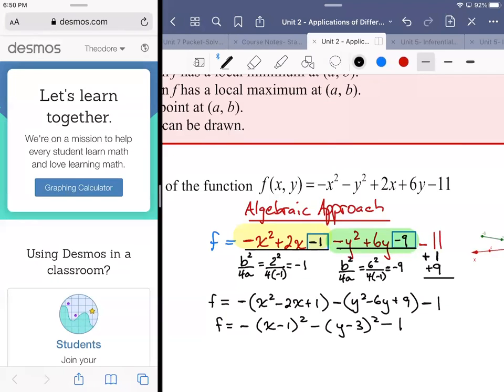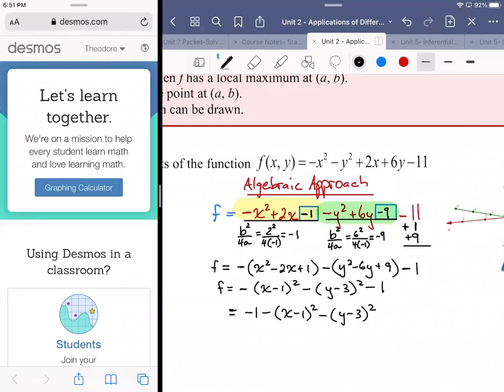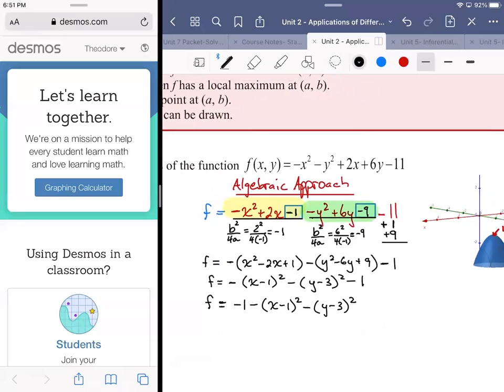Now, if I reorganize it as -1 minus (x minus 1) squared minus (y minus 3) squared, then believe it or not, just by looking at this, I'm able to come up with the maximum, the local max.